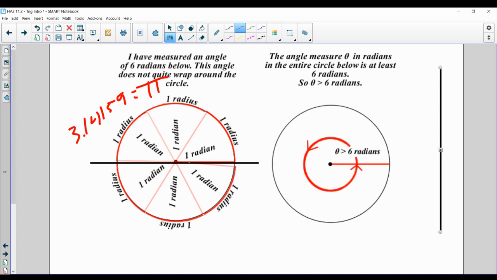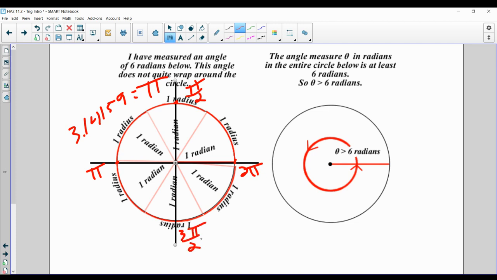So that's why when we have this here, this would be pi radians, this would be 2 pi radians. If I put my y axis back in here, like so, this up here is pi over 2 radians, because that's halfway to there. And between 1 pi radian and 2 pi radians would be 1.5 pi radians, or 3 pi over 2 radians around the outside.